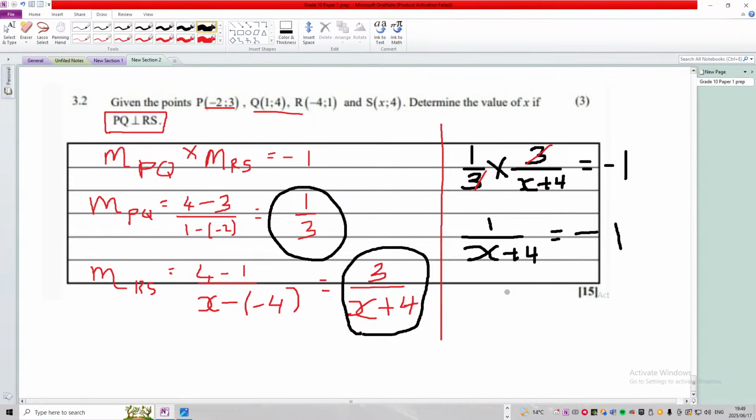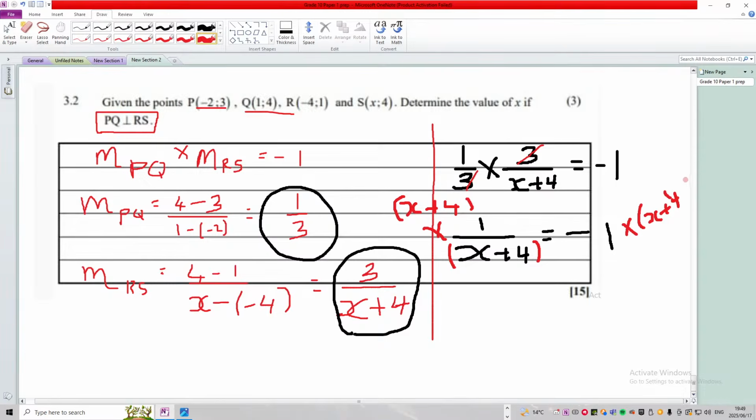I could use a cheat method here, but I don't like using the cheat methods. I'm going to multiply both sides by x plus 4. So then I have 1 equals -1 times x plus 4.